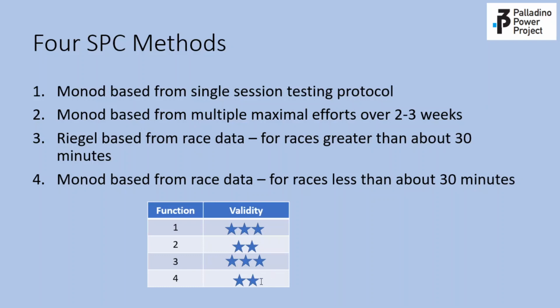So don't take 2 stars as meaning it's bad. I'm trying to depict that these other 2 are going to give you really solid, concrete estimates, and the number 2 and number 4, you should consider more of a range when you get those estimates.